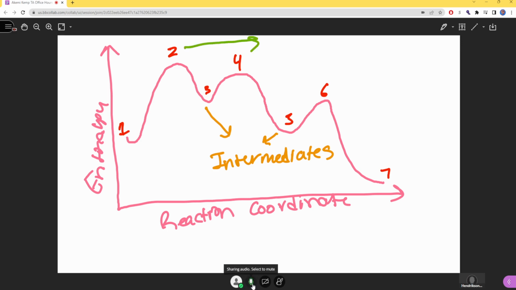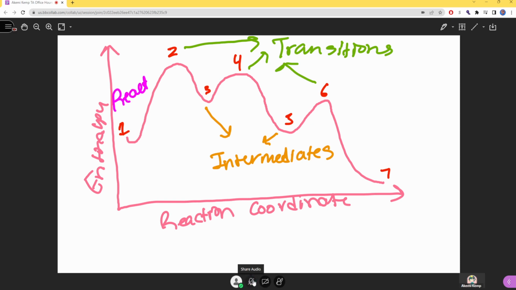Transition states. Exactly. 2, 4, and 6 are your transitions. And obviously 1 and 7 are something else. So what's 1? Your reactants. And then 7 would be what? The product. Right.